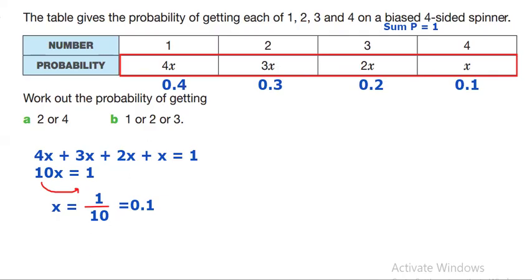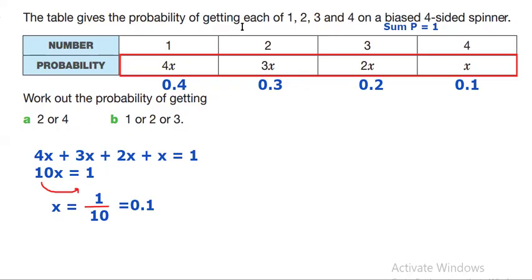Now, after finding each probability alone, I can answer the questions that I have here. So, first question says, what's the probability of getting 2 or 4? Now, 2 or 4 means 2 or 4 separately. This means that you have to add the probabilities of 2 and 4 together.